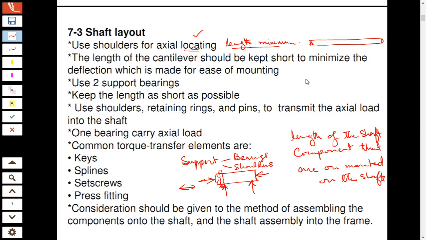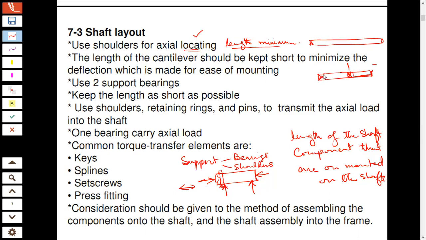But sometimes you use a shaft where the support of the shaft is, for example, here you have a bearing and then you have a bearing over here. And then some portion of the shaft is cantilevered. For example, this portion is cantilevered.